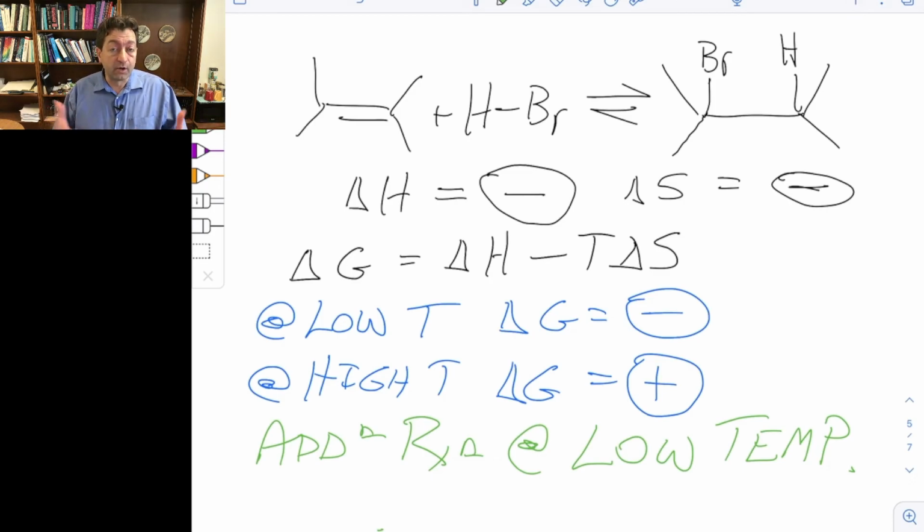And so this, although it seems again like a small piece of chemical trivia, will have a big influence on how, by the time we get to the end of the chapter, we pick the conditions that we want to run a particular addition reaction under in order to make sure that we get the desired product. And so for now, I'll leave it there, and then in the next video, we'll start looking at some more specific addition reactions and what kinds of products we predict out of them.